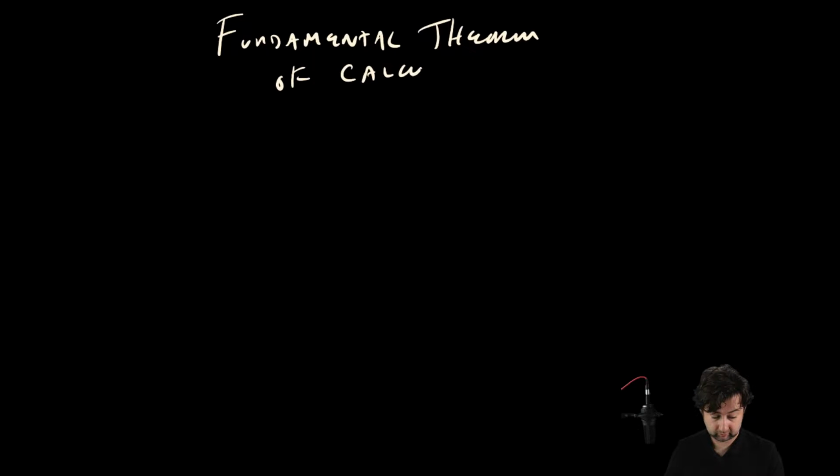Okay, so let's recall what the fundamental theorem part 2 actually says. And that part 2 is the connection between antiderivatives and areas underneath curves. So the fundamental theorem of calculus, part 2.